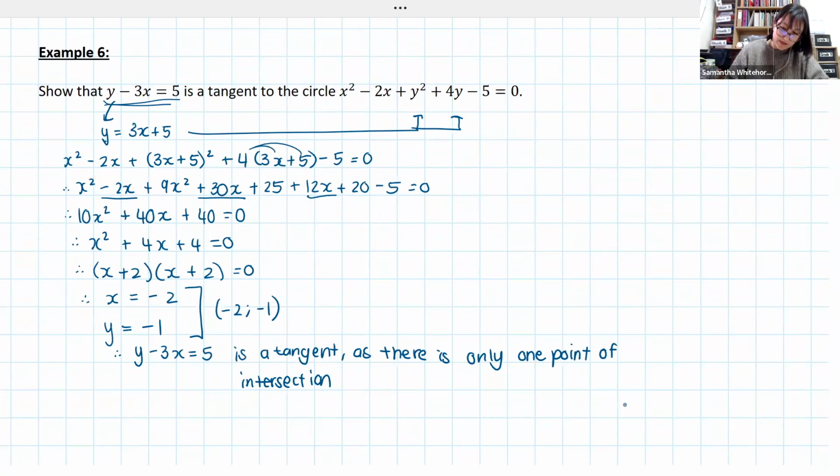So when proving something is a tangent, you want to prove that there is one and one only point of intersection because that makes it a tangent.